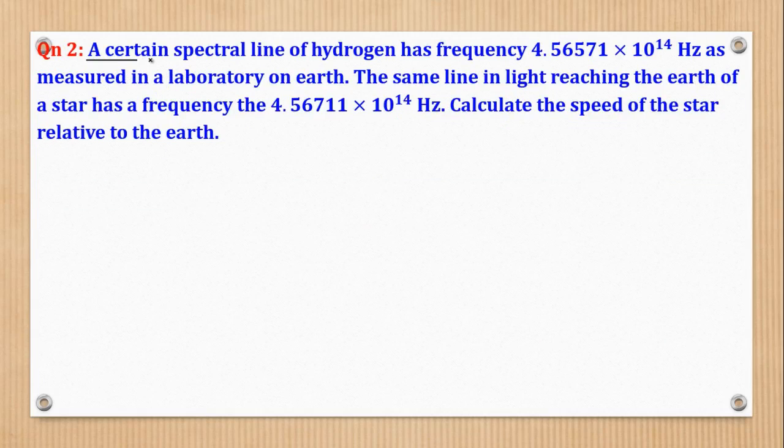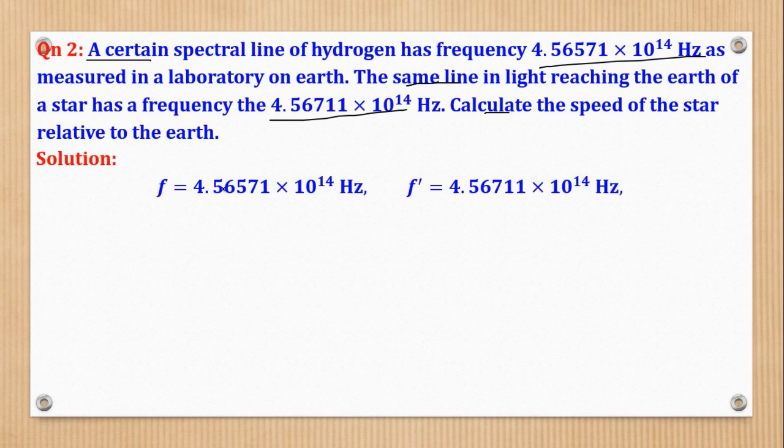Question 2 says a certain spectral line of hydrogen has frequency this, as measured in a laboratory on Earth. The same line in light reaching the Earth from a star has frequency this. Calculate the speed of the star relative to the Earth.